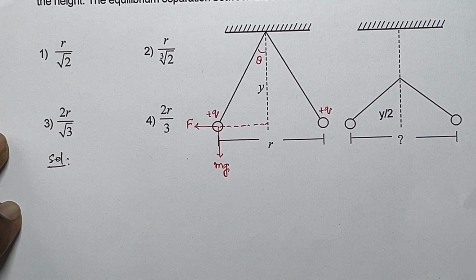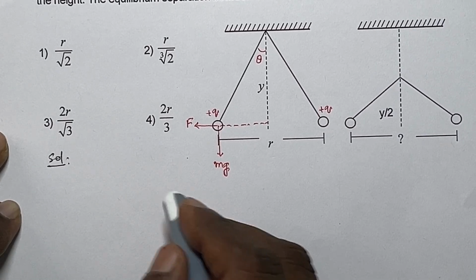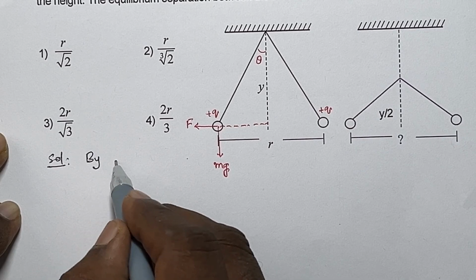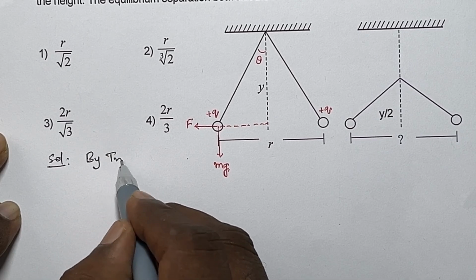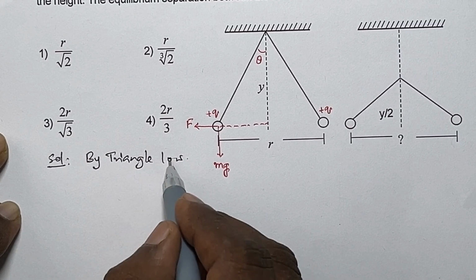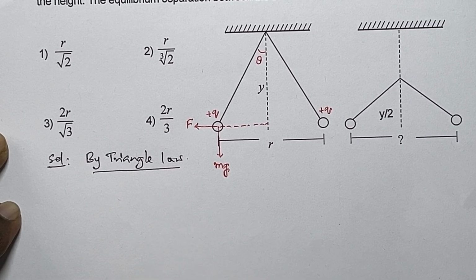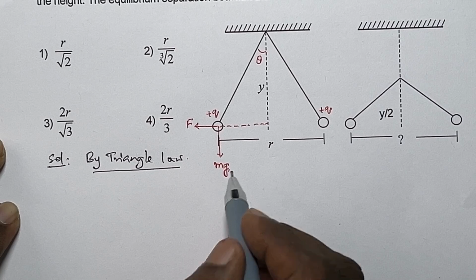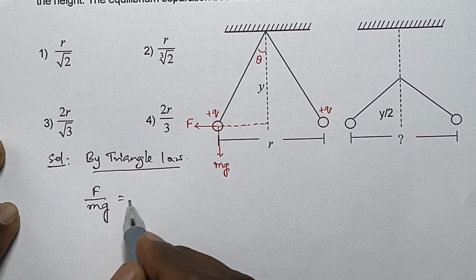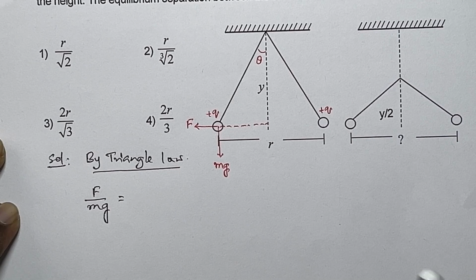So by using the triangle law of vectors, F by mg is equal to tan theta.